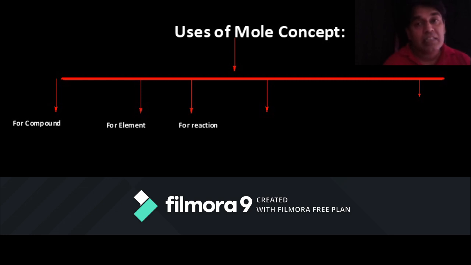For reactions, the terminology was explained in video 2. For elements, it has already been explained in this video. The mole concept is used for solutions to express the concentration in terms of molarity and mole fraction, already focused on in video number 1.